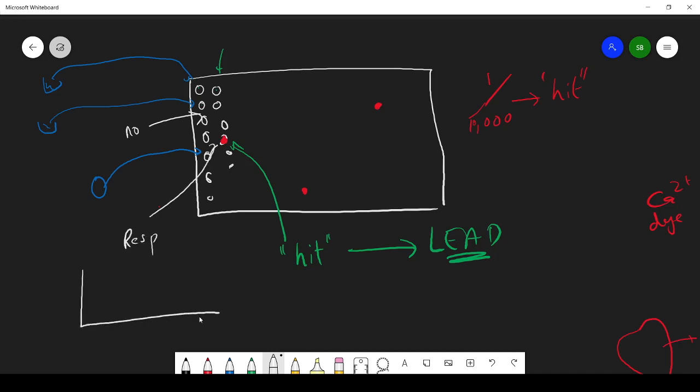So in other words, you want a big gap between whatever your readout is for a no hit and a real hit. So that's how you design a screen.